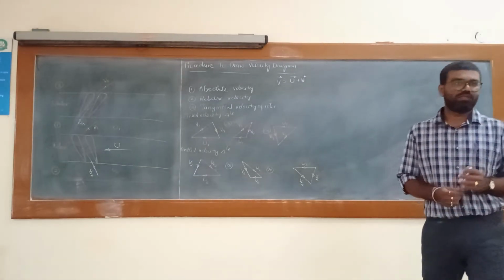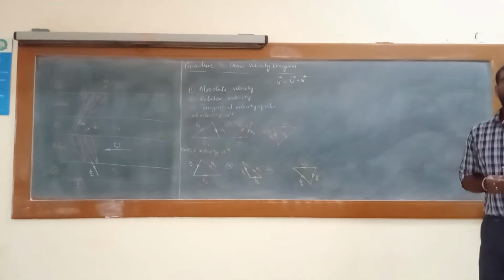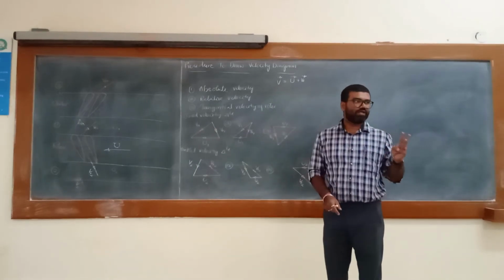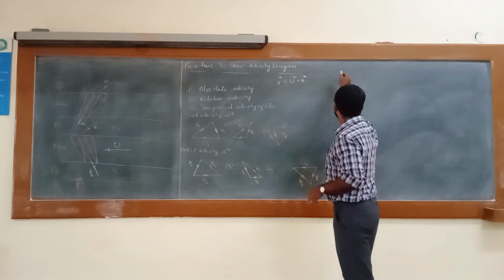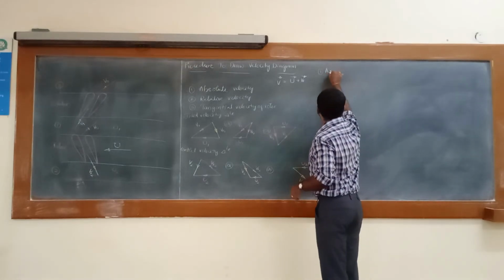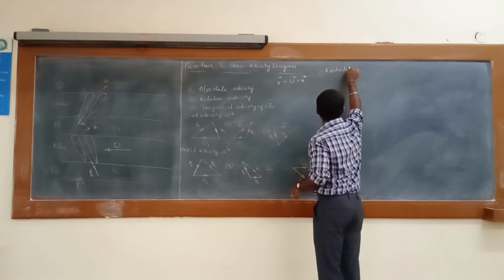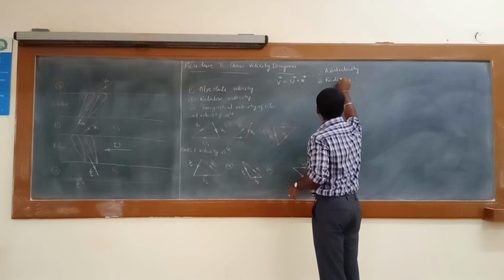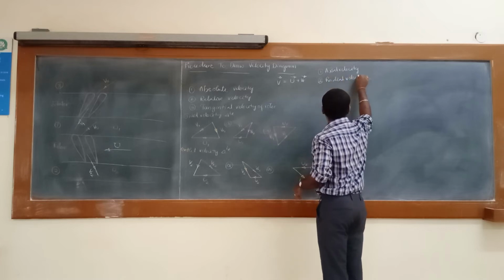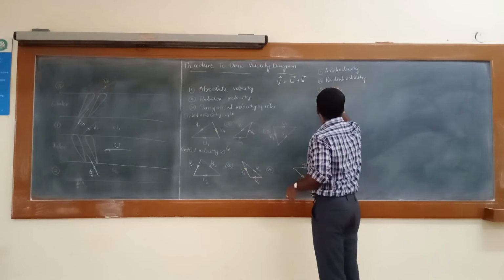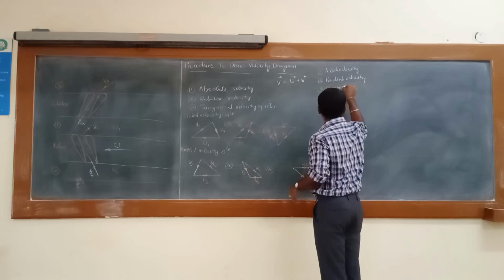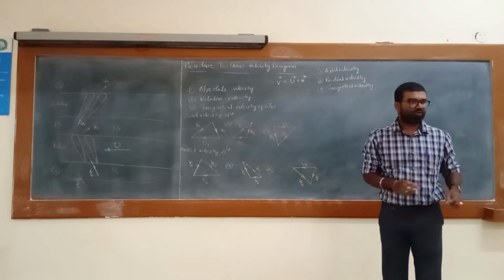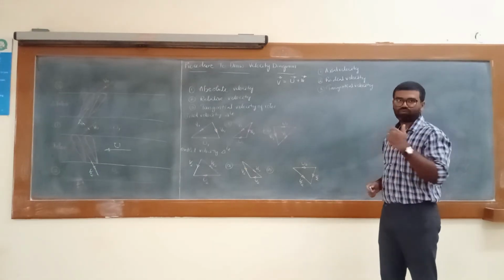While deriving Euler's turbine equation, we discussed that whatever the absolute velocity is, it will be resolved into three components. What are those? One is the axial velocity component, second is the radial velocity component, and third is the tangential velocity component. If you consider any machine, we will have only two velocity components.